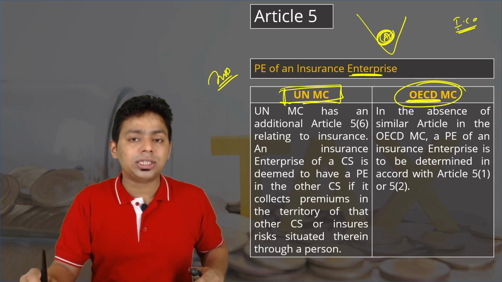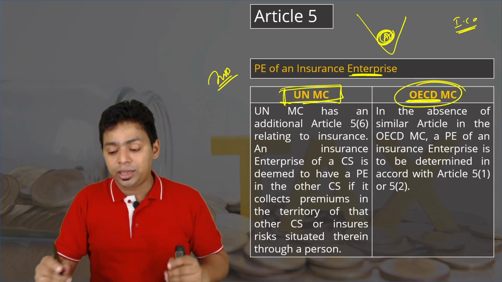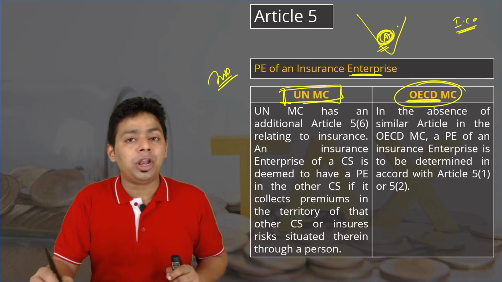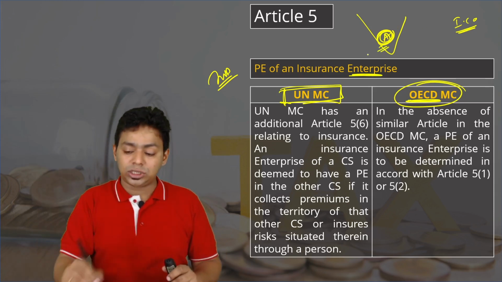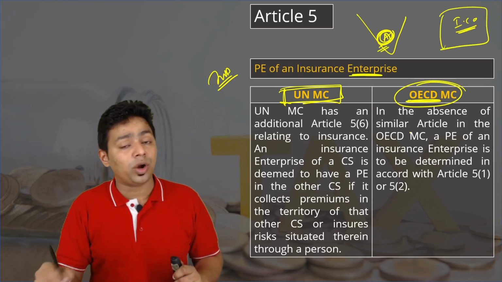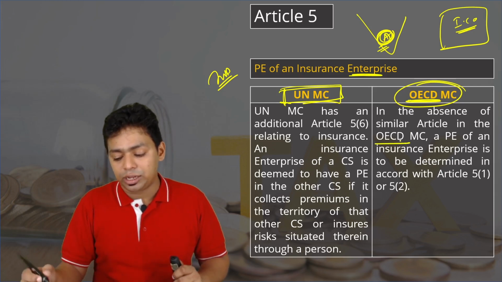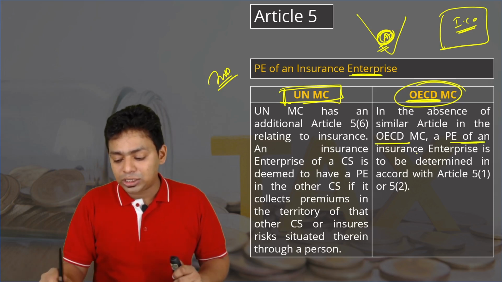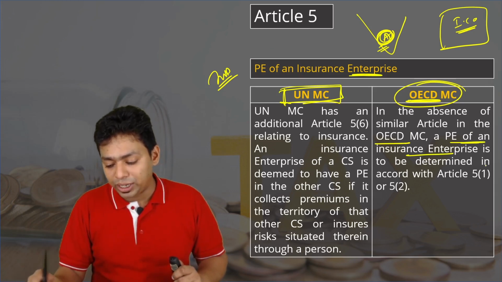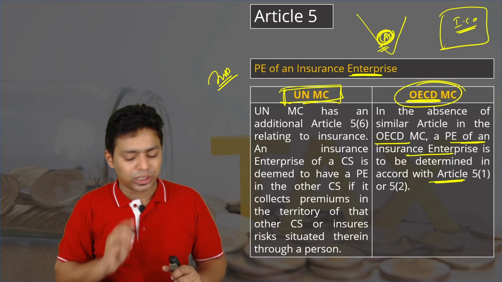So for insurance companies, the OECD model does not have any specific rule, meaning thereby this agent's income will not be taxable in the country of source. This agent's income will be taxed in the country of residence. Okay, that is according to the OECD model. In the absence of a similar article in the OECD model convention, a permanent establishment of an insurance enterprise is to be determined in accordance with Article 5.1 and 5.2, the earlier article that we have just now discussed.